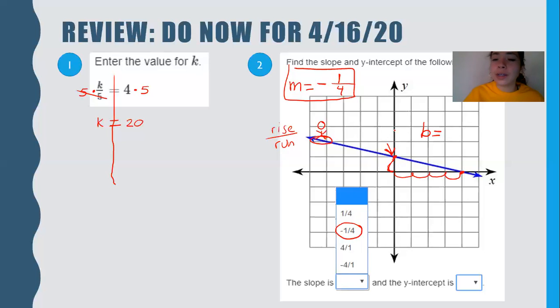A 1. Good. So your b is equal to 1. Again, you click here, and you look for the answer that says 1. And that's how we do that.